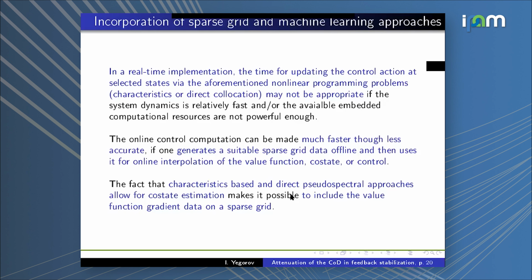But we have to know that our controller is based on optimization. And we have to compute a lot for any state where we want to do measurements. We have to solve a quite complicated optimal control problem. Yes, we can reduce it to a finite dimensional problem, but still this finite dimensional optimization can be very, very complicated.